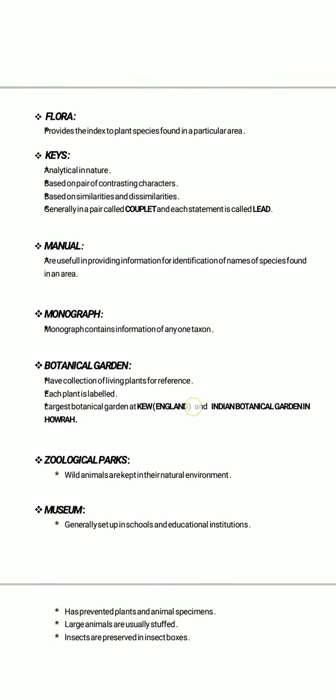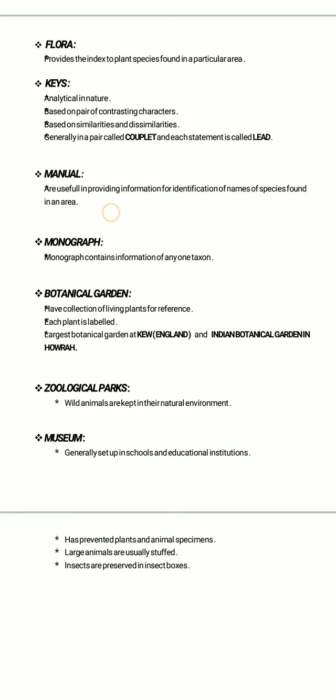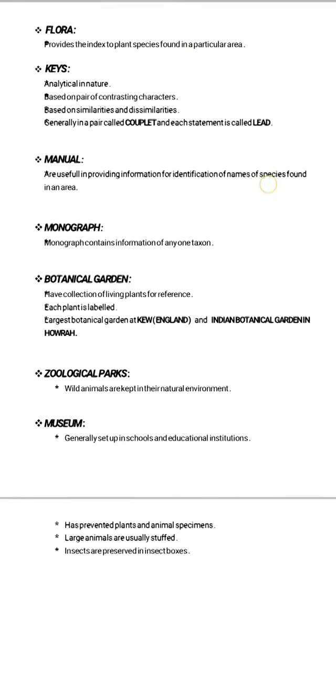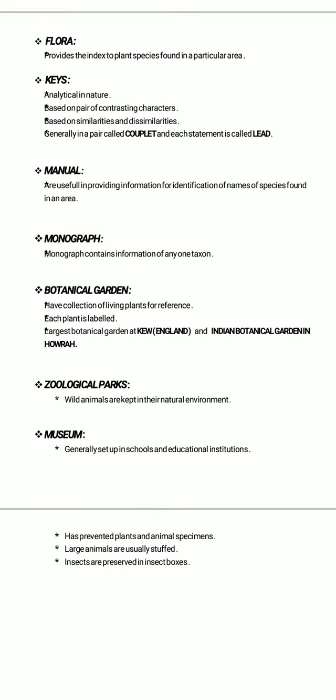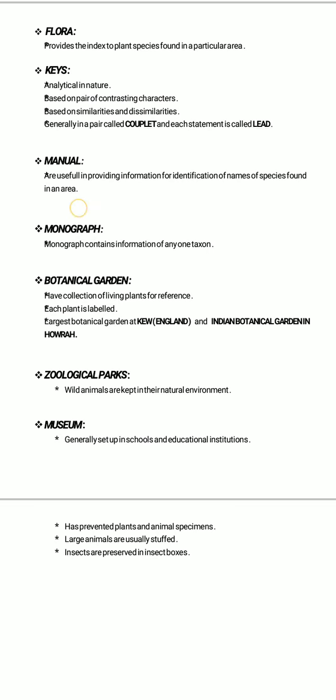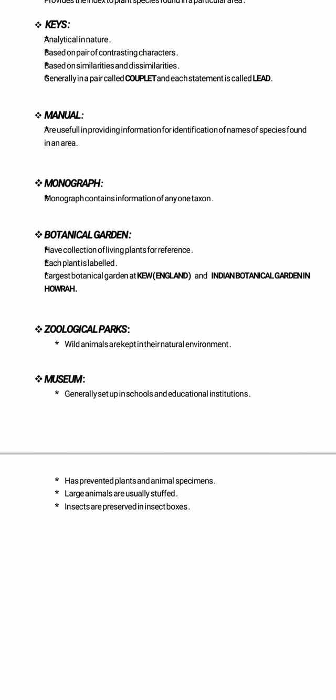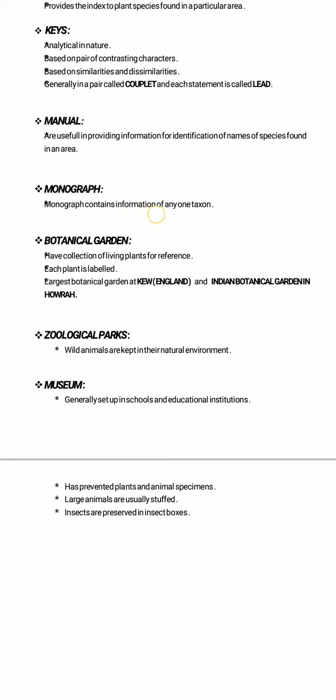Okay, then manuals are useful in providing information for identification of names of species found in an area. It will provide the information for identification of names. What is the name for a particular plant which is found in a particular area? You can find out with the help of a manual. Then monograph means it contains information of only one taxon.